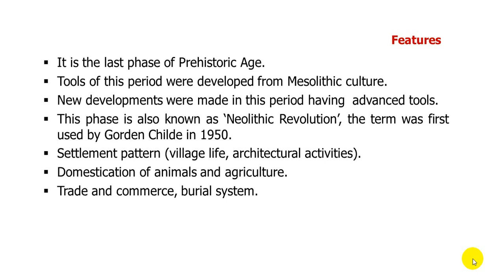The settlement pattern also changed. Village life and architectural activities were started, along with domestication of animals and agriculture. Trade and commerce and the burial system were also introduced in this period.